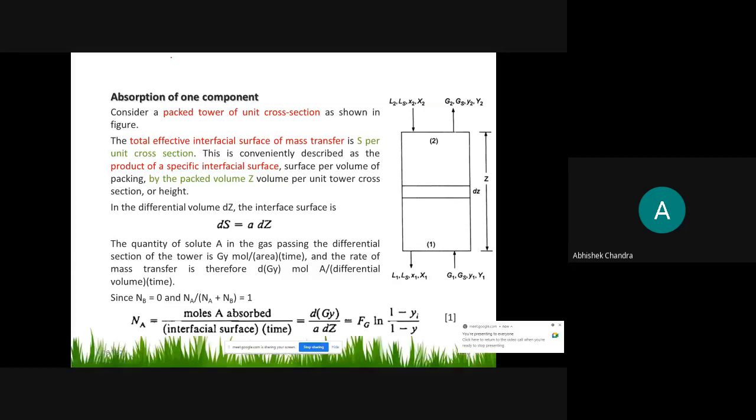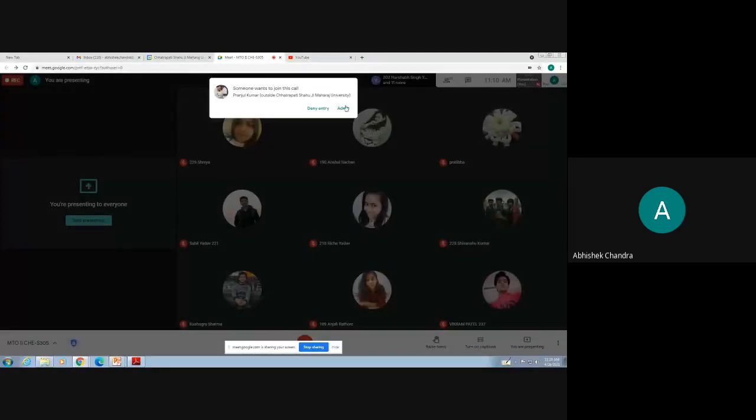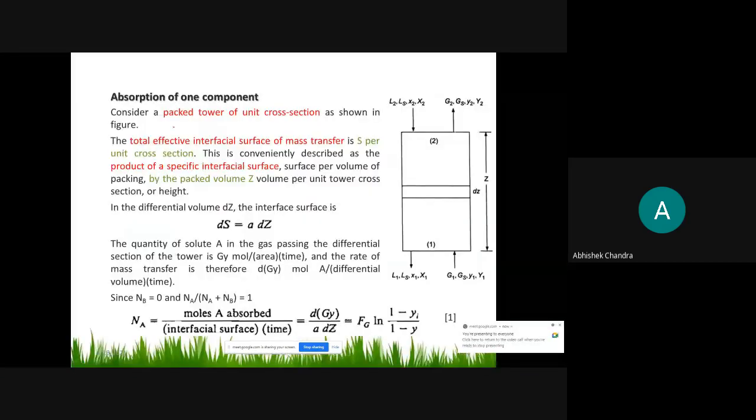For the absorption in the packed absorption column, consider absorption of one component. So here this is a packed tower.